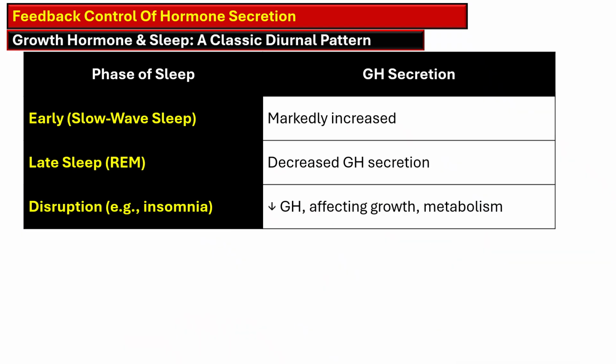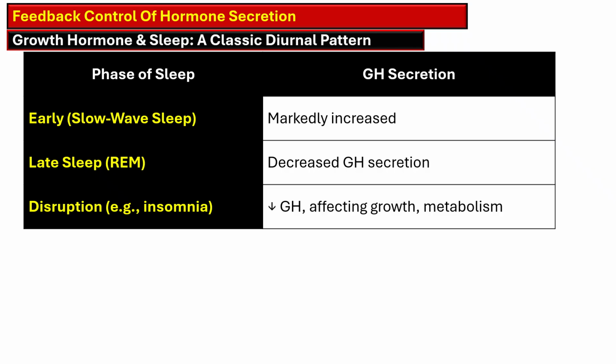The pulsatile pattern is tied to the hypothalamic gonadotropin releasing hormone and somatostatin cycle that reinforces the importance of sleep hygiene, especially in children and adolescents.